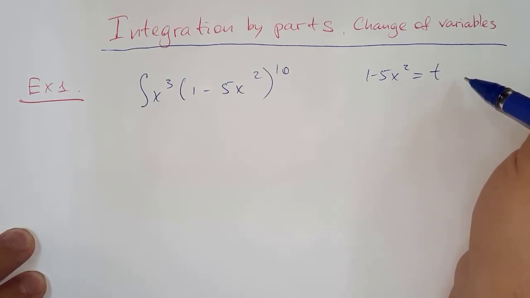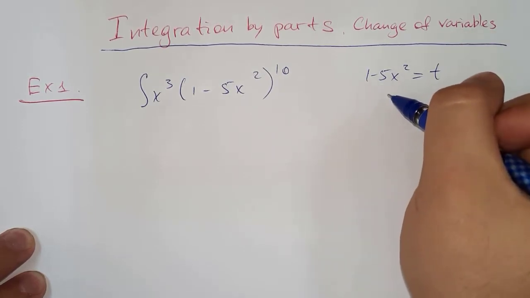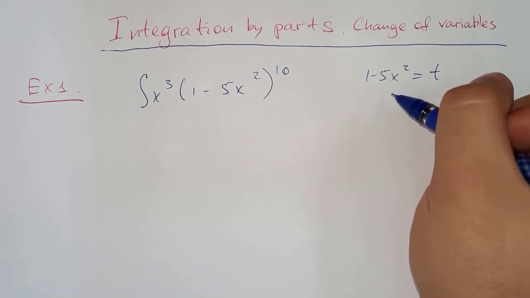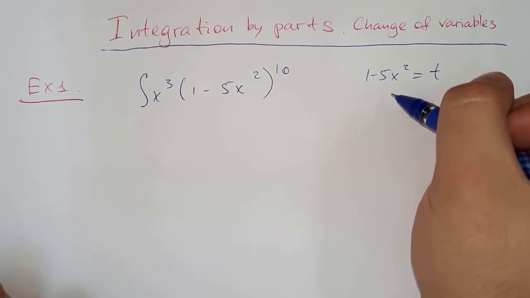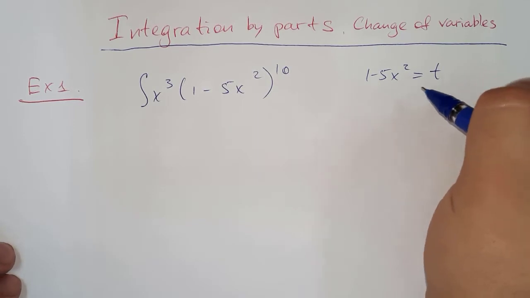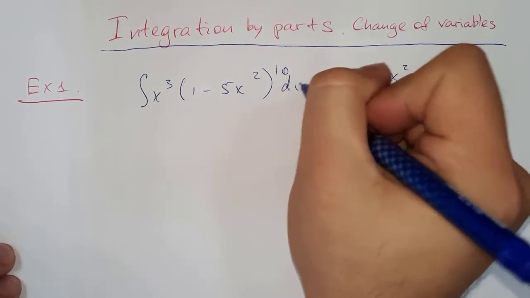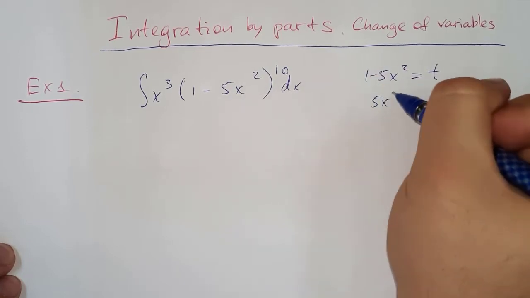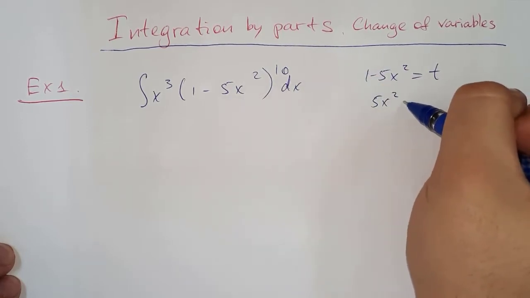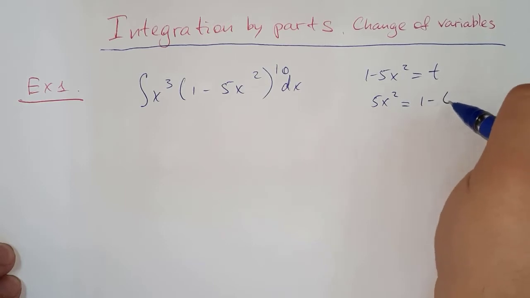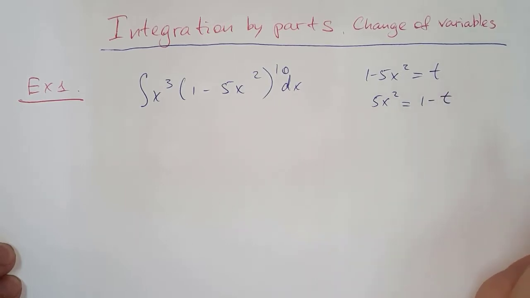And what does it mean? It means we need to find x, for example, and dx also. So 5x squared is 1 minus t.